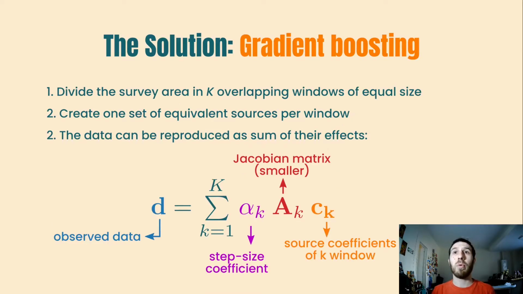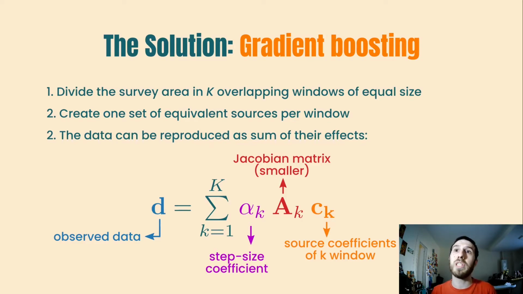We developed the gradient-boosted equivalent sources as a solution to this problem, borrowing the gradient boosting algorithm from machine learning. It consists in, first, dividing the survey area in overlapping windows of equal size. Then create one set of equivalent sources per window, and now the data can be reproduced as the sum of the fields generated by each set of equivalent sources.